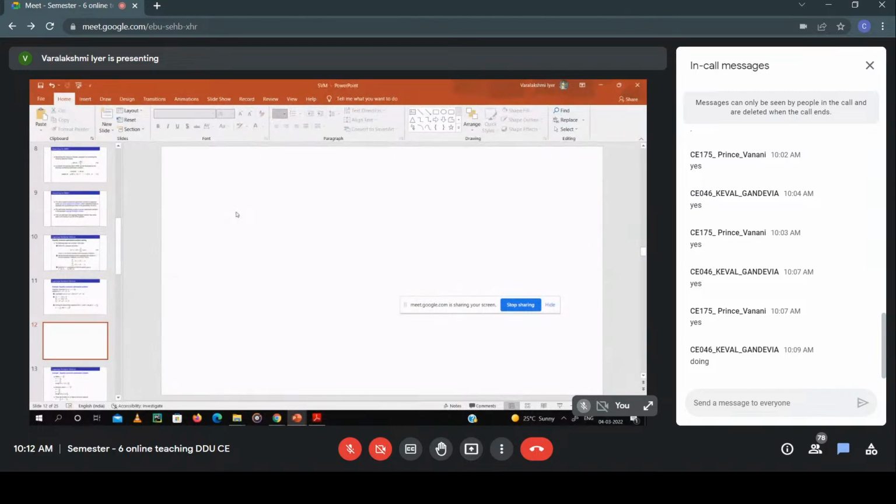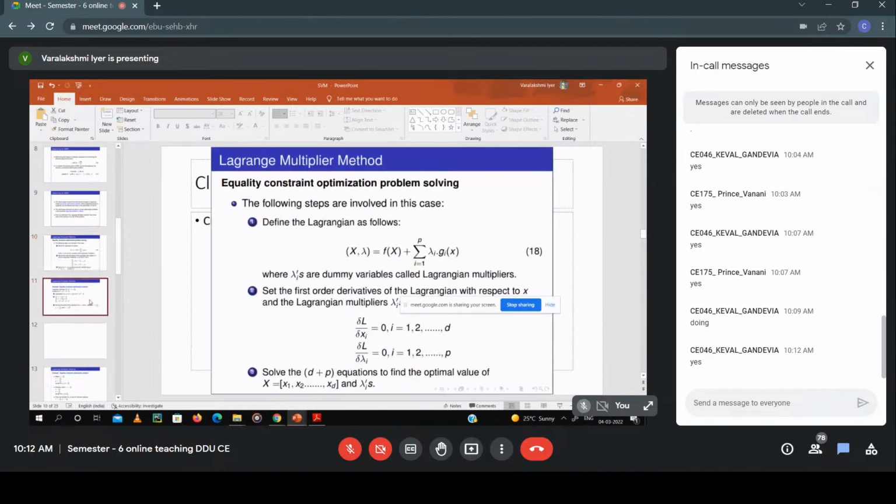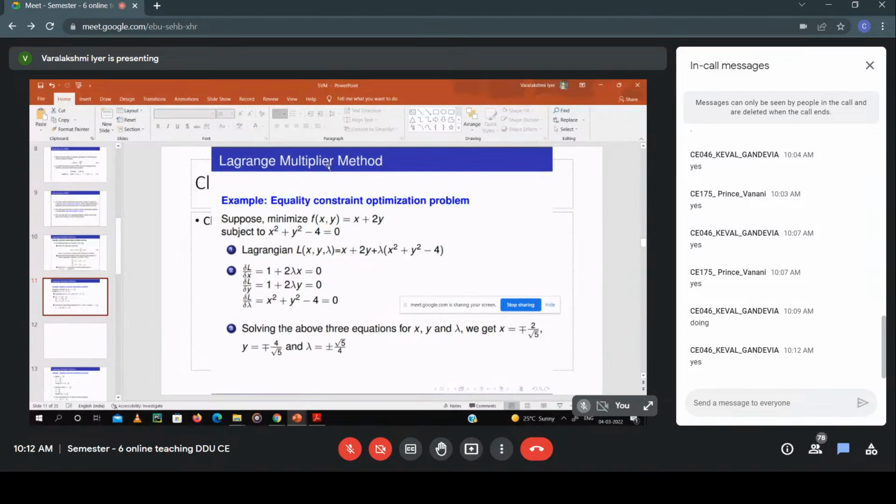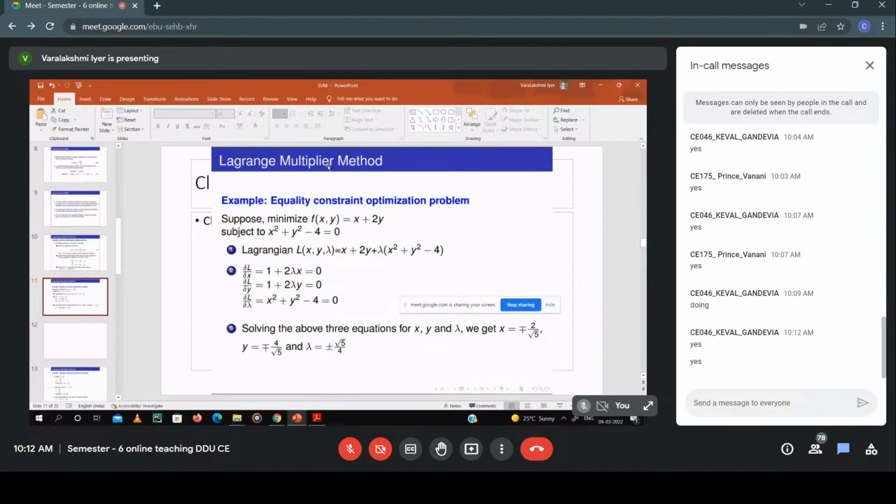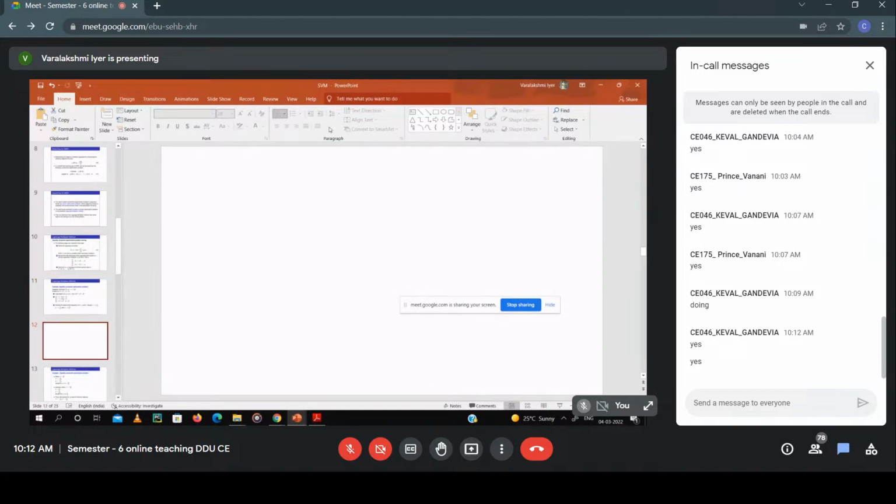Anybody done? Okay, yes, Kevin, are you getting the similar value that is stated in this particular slide? Are you getting values similar to this? Okay, fine. I suppose everyone is getting the idea. What about others? Are others getting the idea or not?